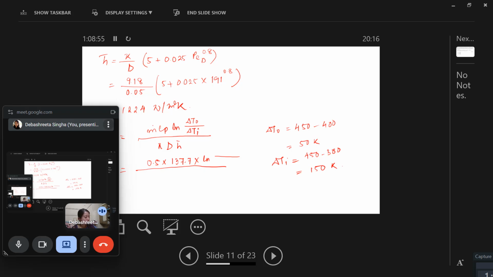Okay, so delta T naught is 50 divided by 150.